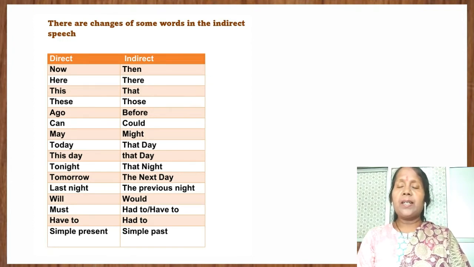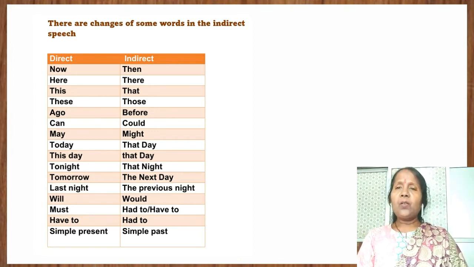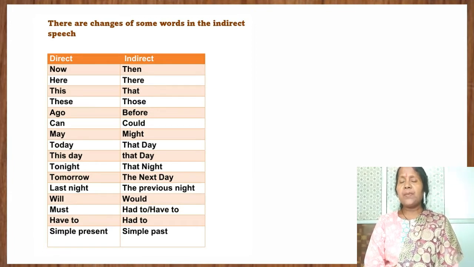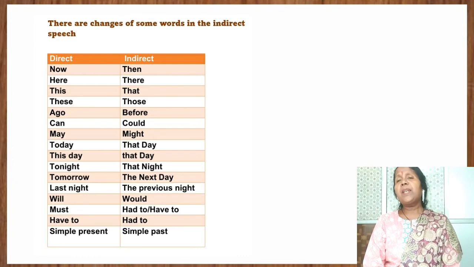Now becomes then, here becomes there, this becomes that, these becomes those, thus becomes so, ago becomes before, can becomes could, may becomes might, today becomes that day, tonight becomes that night, tomorrow becomes the next day, yesterday becomes the previous day, last night becomes the previous night, will becomes would.